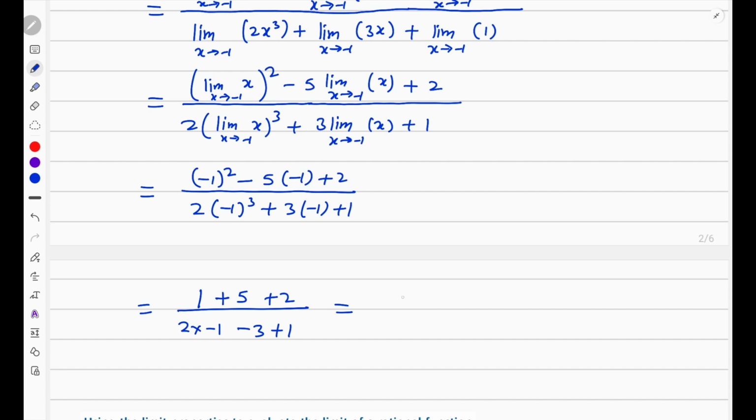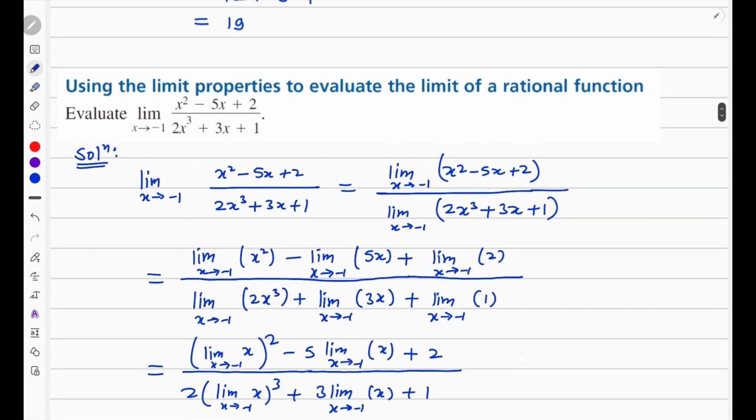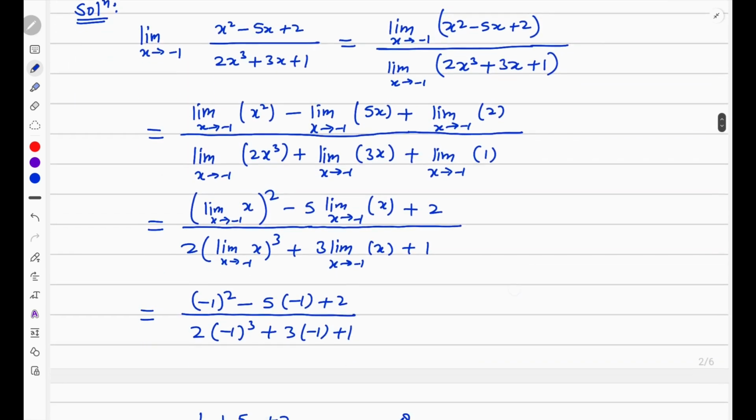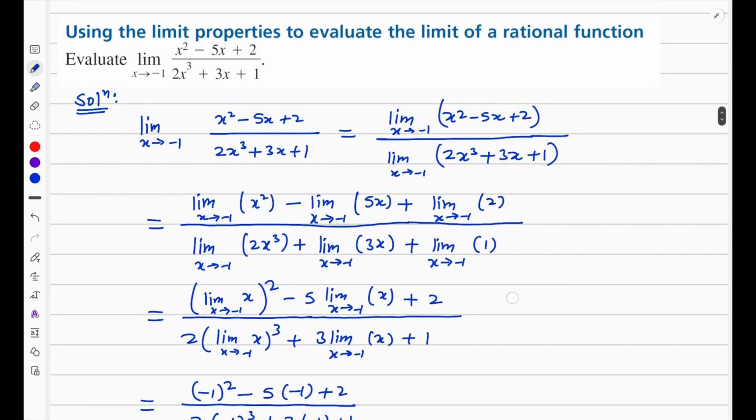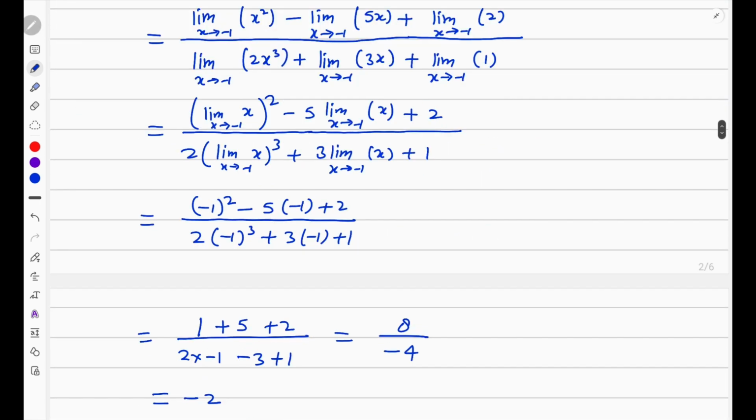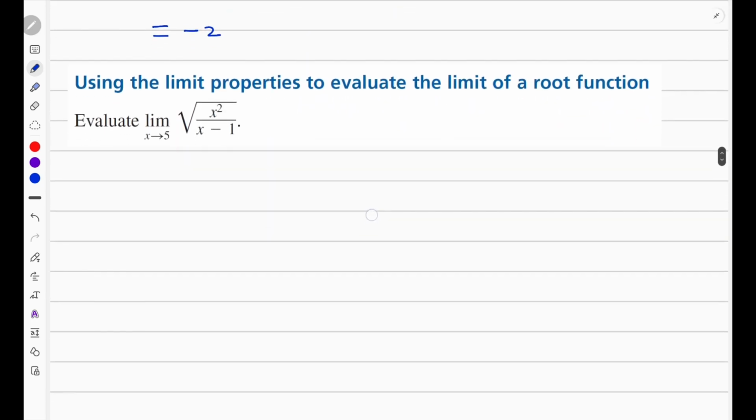It becomes 8 and it becomes minus 4, and the final is minus 2. For this question the answer is minus 2. We apply the simple properties of the limit and calculate the limit. Now we can take one more example.